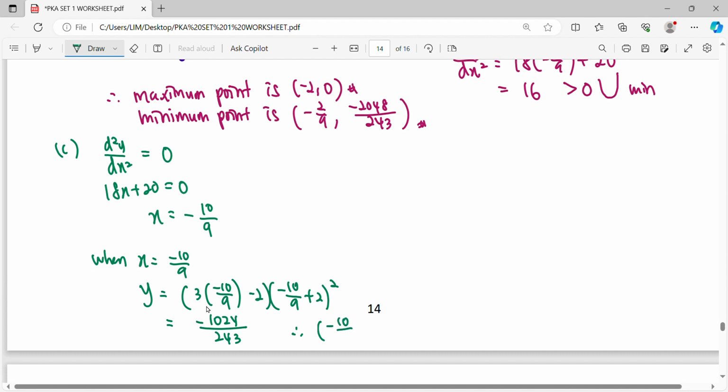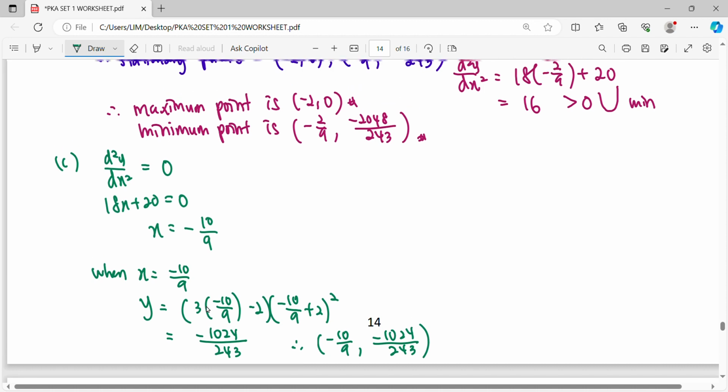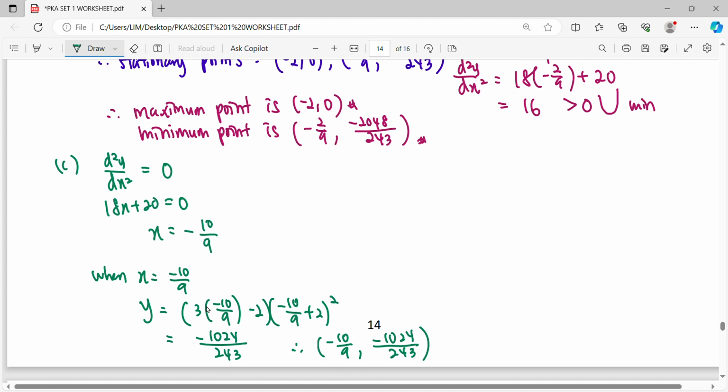So this point might be your inflection point, might be only. So if you want to verify it, you have to undergo the test again, to verify whether this is an inflection point.